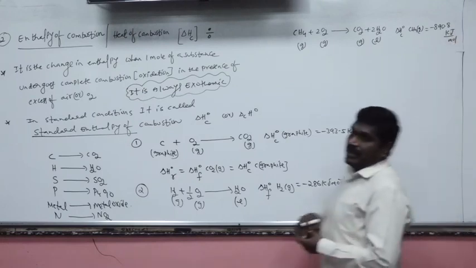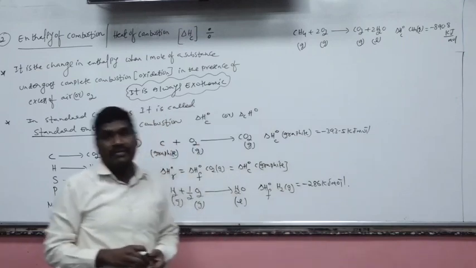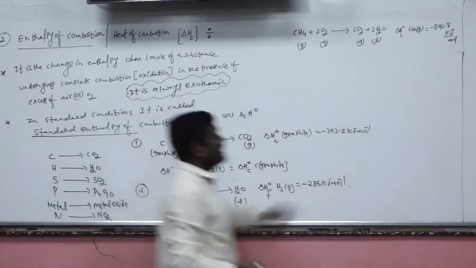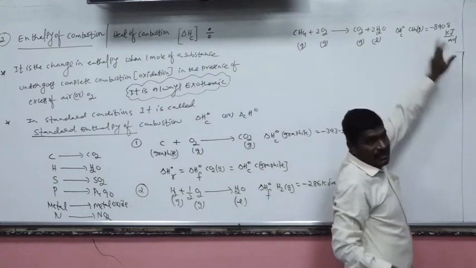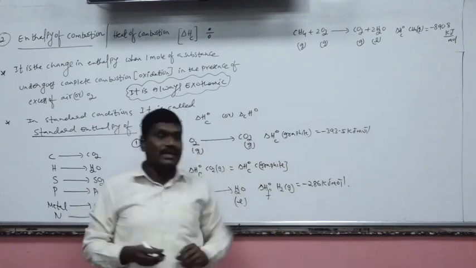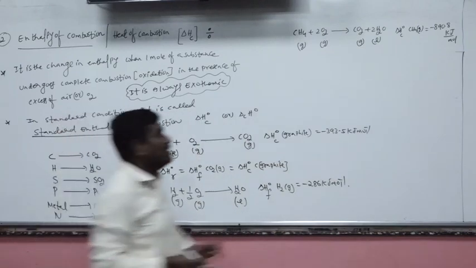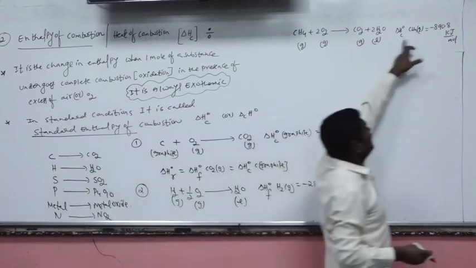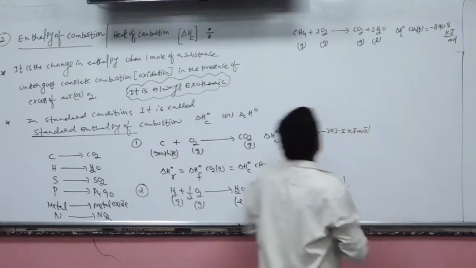Remember, in numerical problems, sign will be very important. Sometimes the sign is not given to you. In the data, heat evolved will be given to you. Whenever heat evolved is given, we have to take the negative sign. This is energy releasing, heat energy releasing.